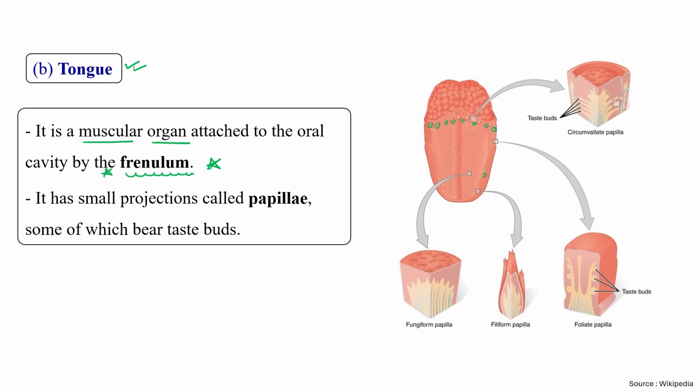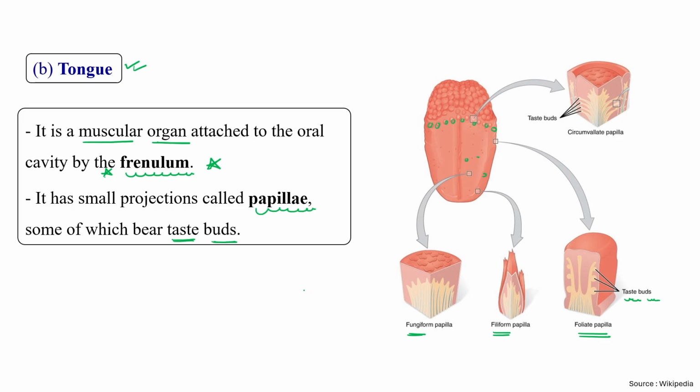These projections are known as papillae. Some of the papillae contain taste buds also. We can classify papillae into three different types: fungiform papillae, filiform papillae, which are present on the front side, and on both sides of the tongue foliate papillae are present, which contain taste buds.